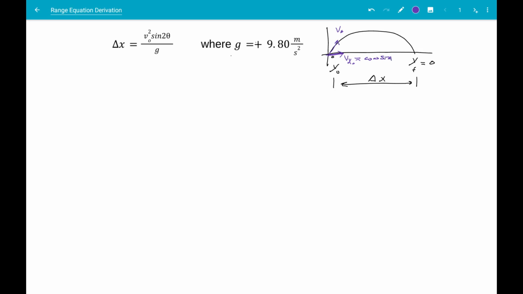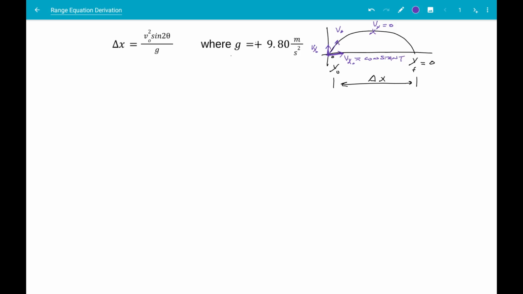It's a constant velocity in the horizontal direction, so the final velocity in the x direction is still the same as at the beginning. Now, vy is changing. It starts at a high speed, but at the apex, vy will be 0 and then start speeding up again on the way down.